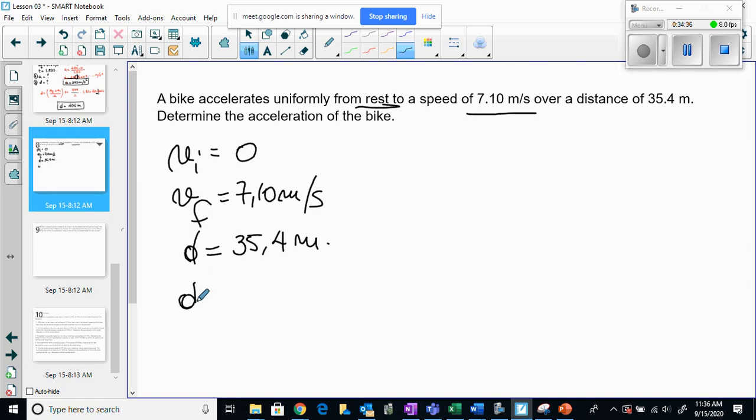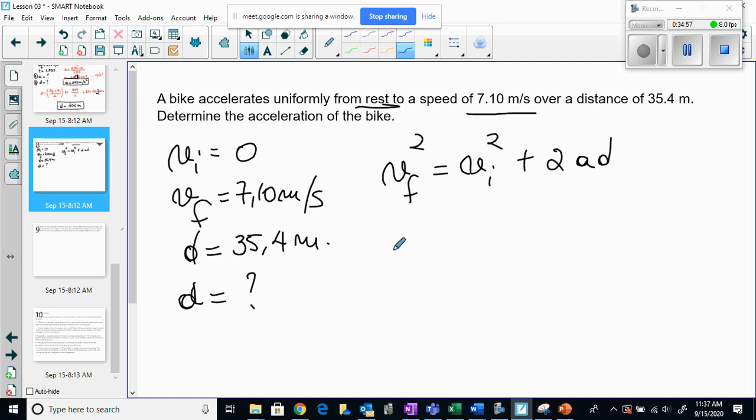What is the acceleration? The formula that we will use will be the last one that you have in that box, which is V final squared is equal to V initial squared plus 2AD.